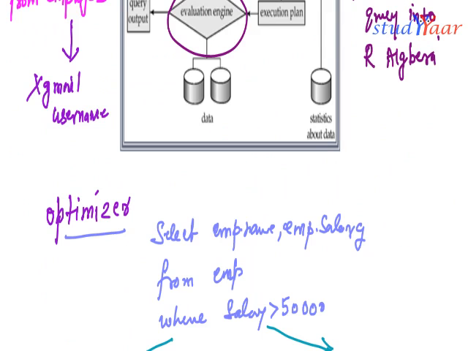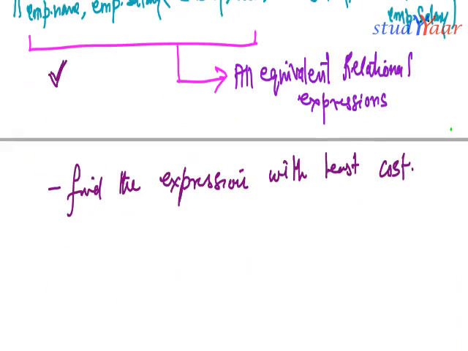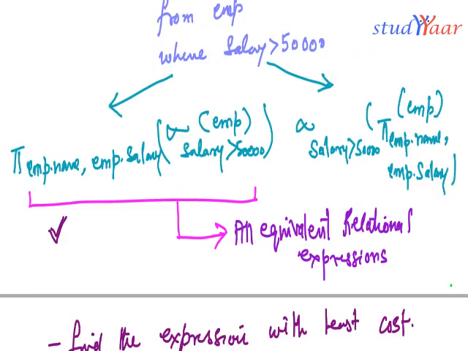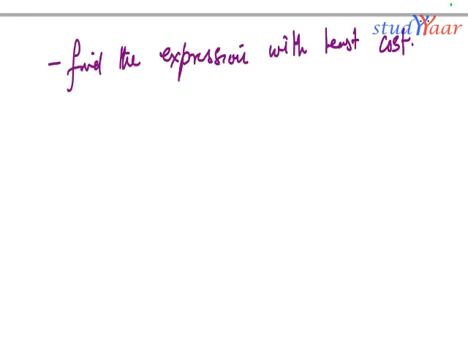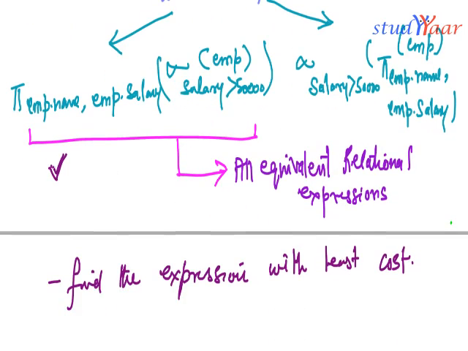So my optimizer is going to create a query evaluation plan which is going to tell me what is the relational algebra expression that I'm supposed to use and what are the algorithms that are being applied to execute that relational algebra expression. We specify this in the form of an evaluation plan or as an operator tree. Okay, so what I can do over here is I have this relational algebra expression. I can specify it like this.